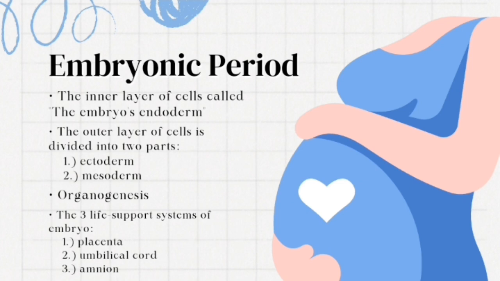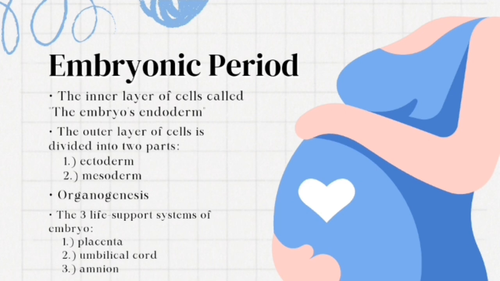Under the embryonic period are the three life support systems, the placenta, umbilical cord, and the amnion. Placenta consists of a disc-shaped group of tissues in which small blood vessels from the mother and the offspring intertwine but do not join.